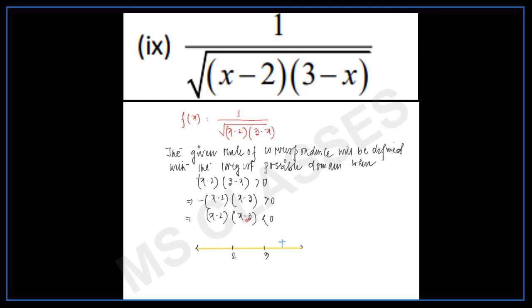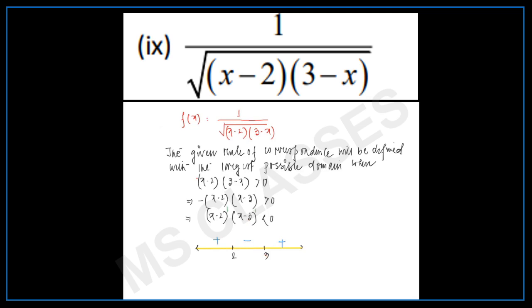Now 3 is coming from this one, power is odd, so the sign will change. Next 2 is coming from this one, power is odd again, so the sign will change. What we need is less than 0. Less than 0 means this portion. When x belongs to 2 to 3, the whole expression is less than 0.